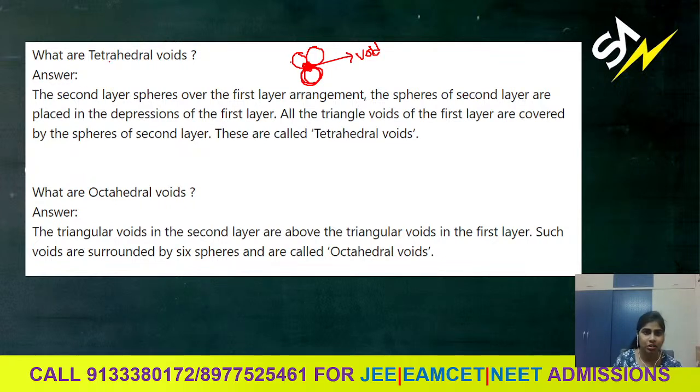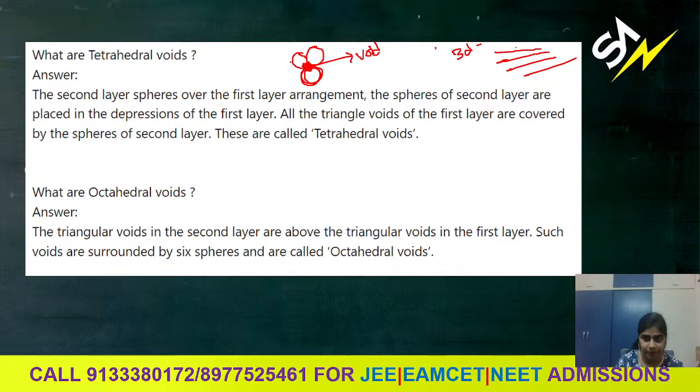See the definition of tetrahedral void. What is a tetrahedral void? Consider the second layer of spheres placed over the first layer arrangement of spheres. Assume it in a 3D way. We are placing spheres in layers.